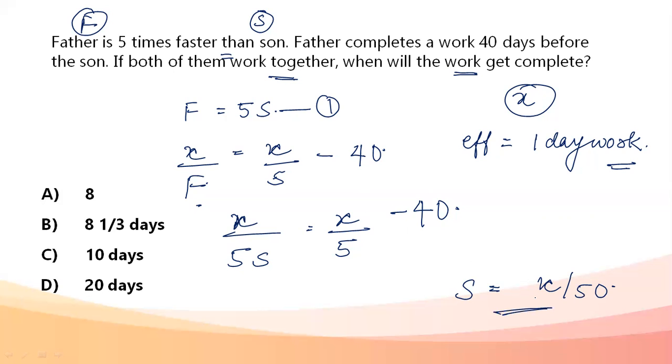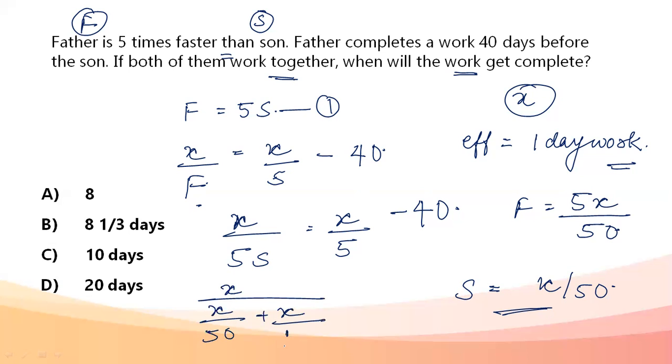Now, F will be 5X by 50, because father is 5 times faster than son. Time taken when they work together comes out to be X upon (X by 50 plus X by 10). Value of X would get cancelled out. When we do the calculation, it comes out to be 50 by 6 days, that is 8 1 by 3 days. My answer is option B, 8 1 by 3 days.